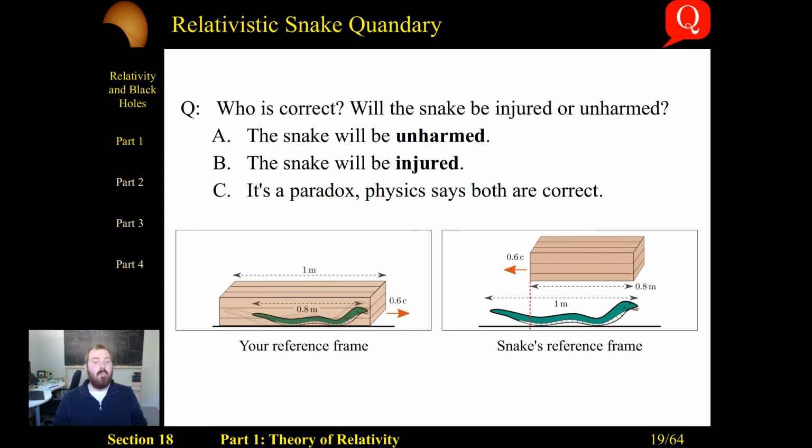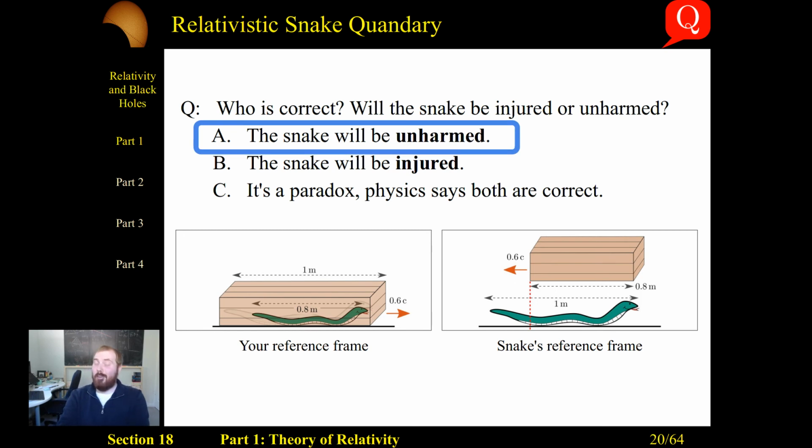A lot of you might want to jump to the conclusion that we've built our first idea of a paradox. Well, one thing of these lectures that I hope to come across to you guys is that there's not a lot of paradoxes here. There's just some weird physics happening. So no, the snake's going to be unharmed, but we need to do a detailed look through of this again.